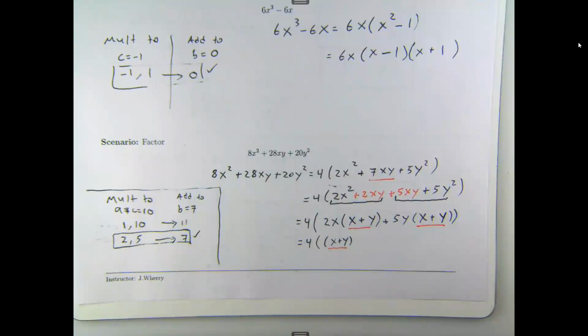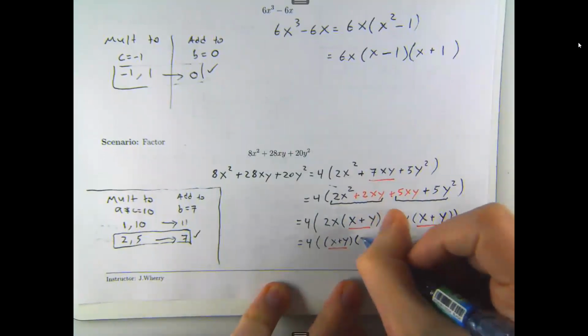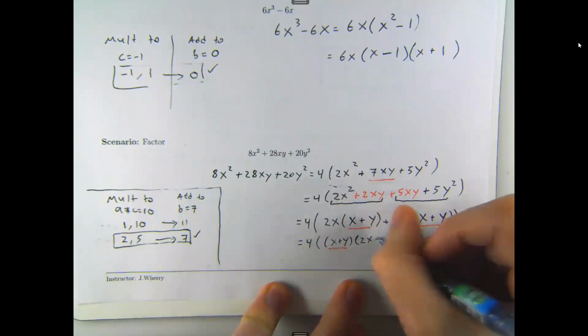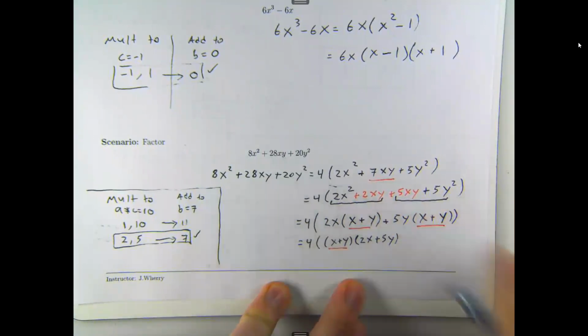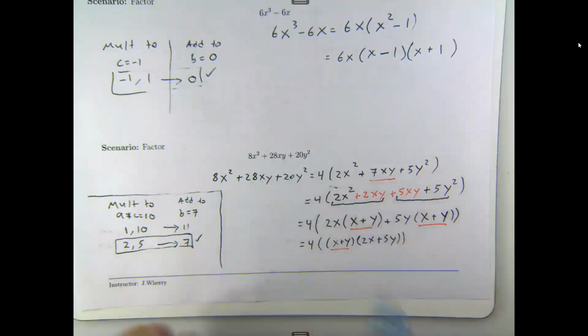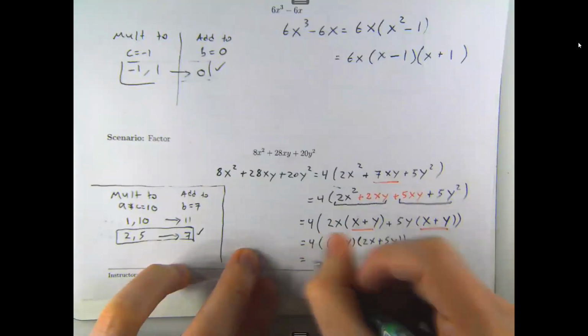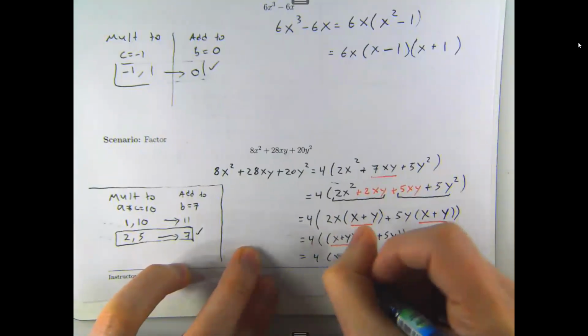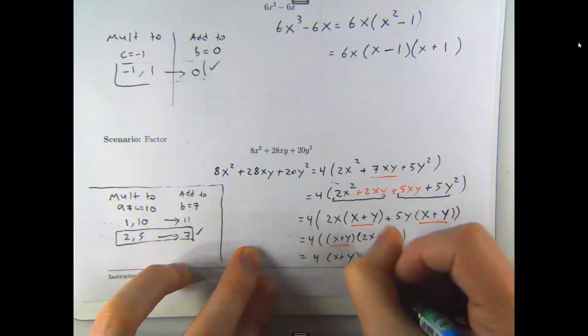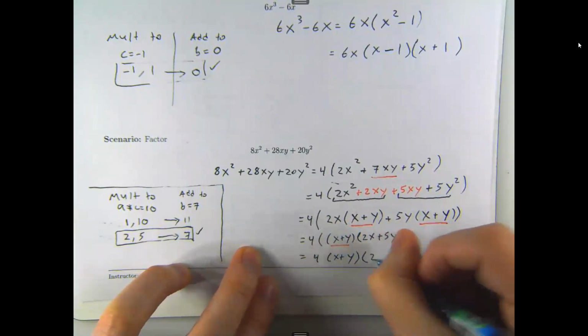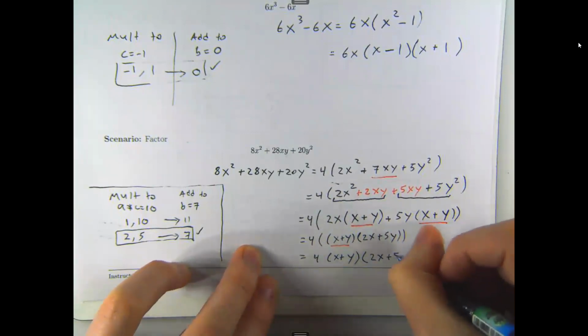That's getting multiplied against 2x and 5y. When you're multiplying everything together, I don't need this extra set of parentheses, so you could just write this as 4 times x plus y times 2x plus 5y.